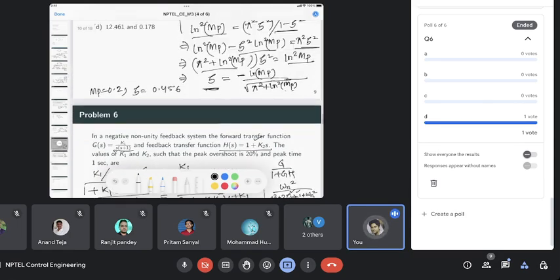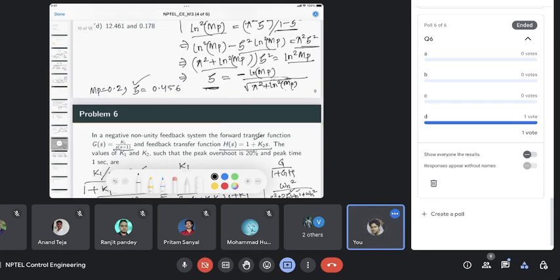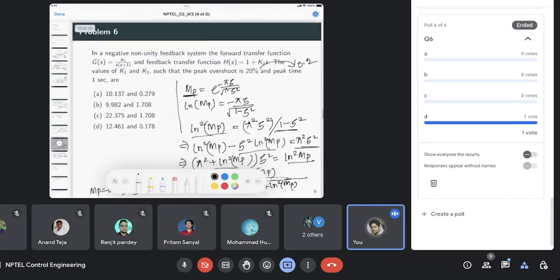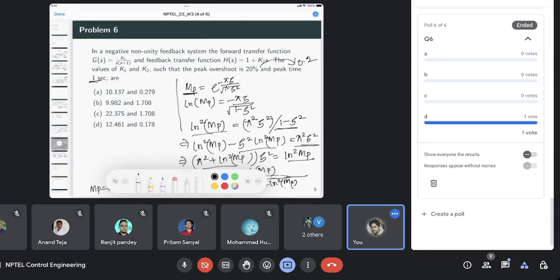Once you get this zeta, then this term 2 zeta omega n is equal to 1 plus k1 k2. So we can find k1 plus k2 from that, but you have to find omega n first. This omega n you can find from the peak time.